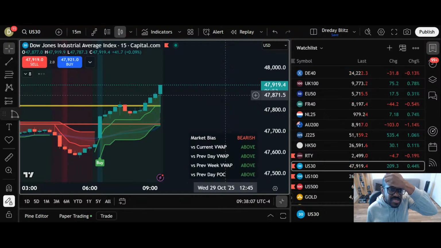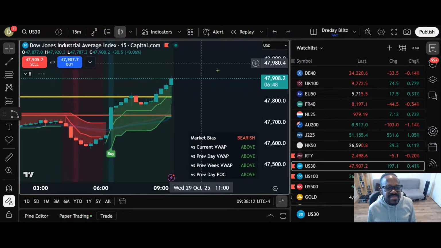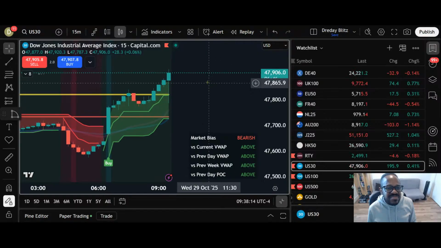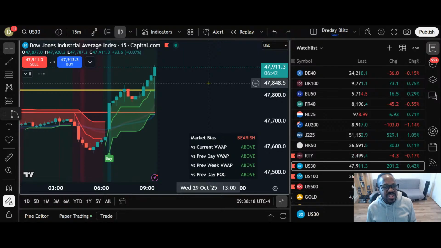We just started, 8 minutes from market open. We're just gonna see how this candle will close.